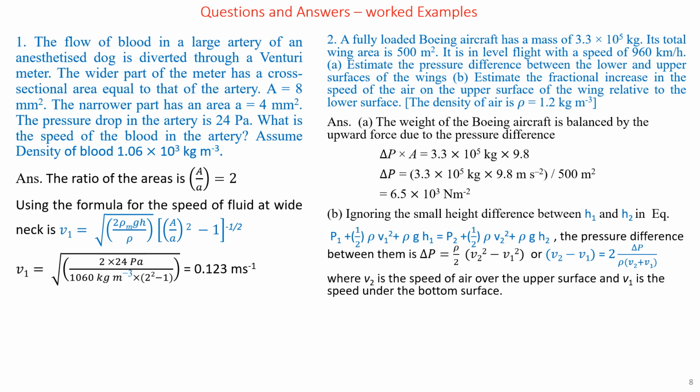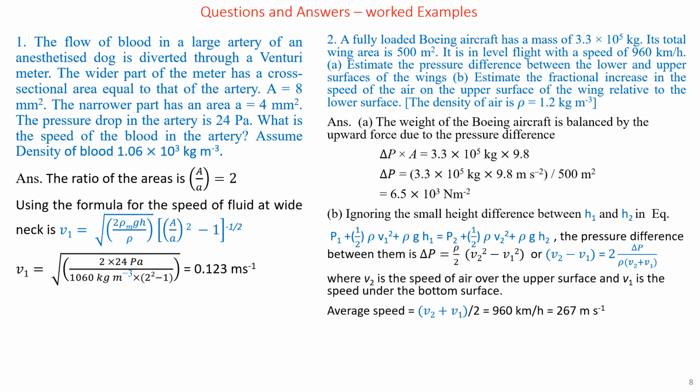where V2 is the speed of air over the upper surface and V1 is the speed under the bottom surface. Therefore, the average speed is given by (V2 plus V1) by 2. That is given as 960 kilometers per hour, which is equal to 267 meters per second.